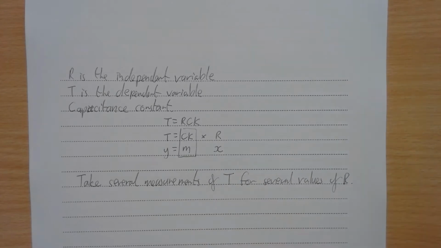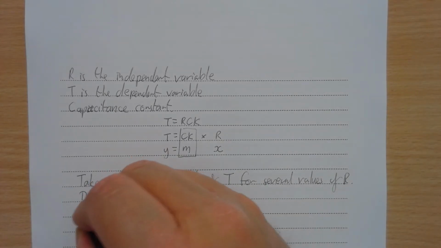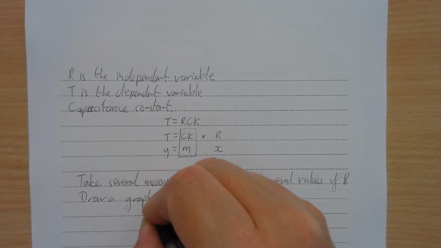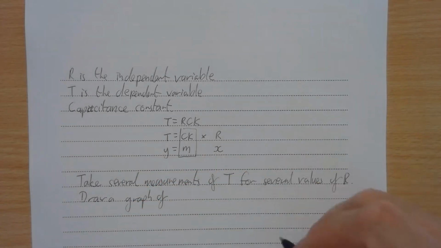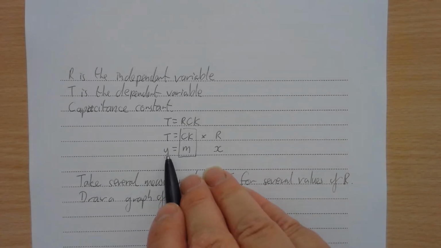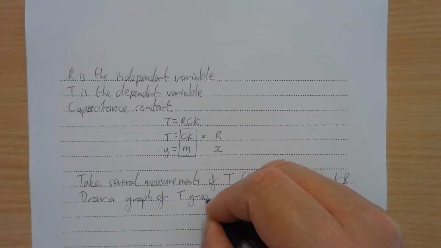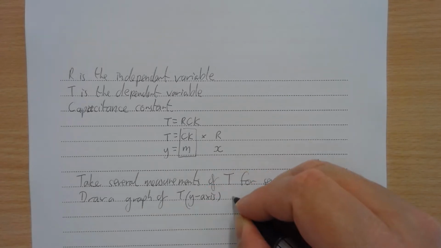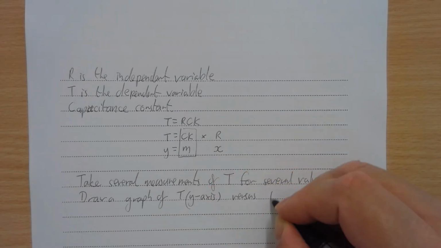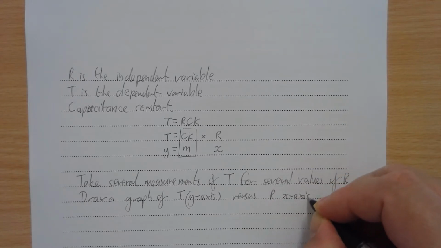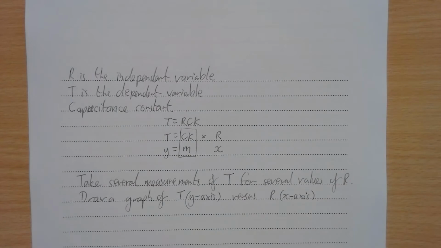Okay, and we would draw a graph of, well, it'd be T on the y-axis versus R on the x-axis. That's pretty easy so far.